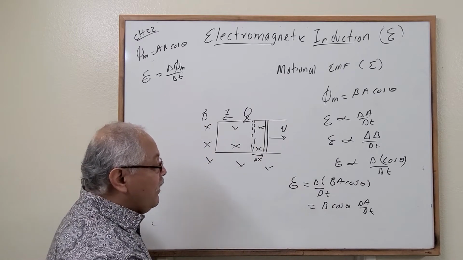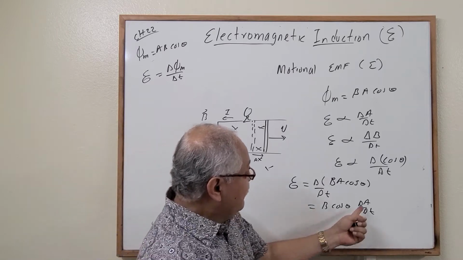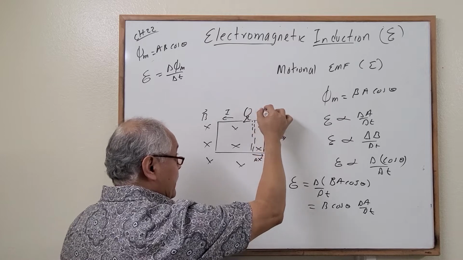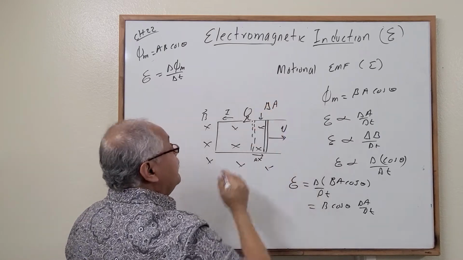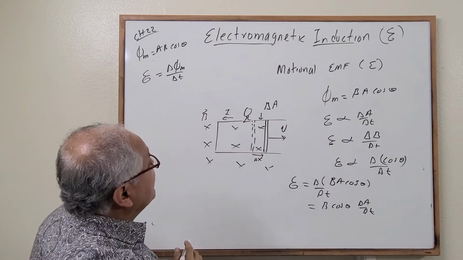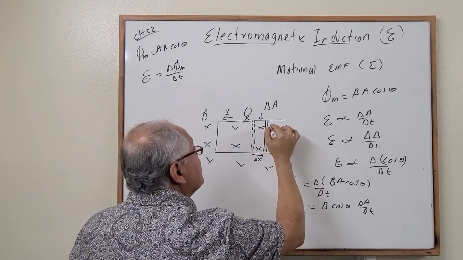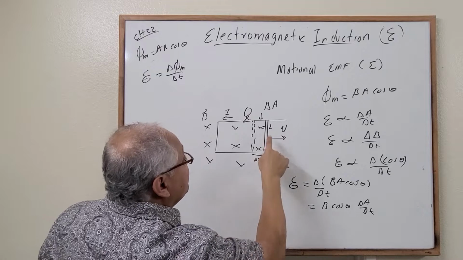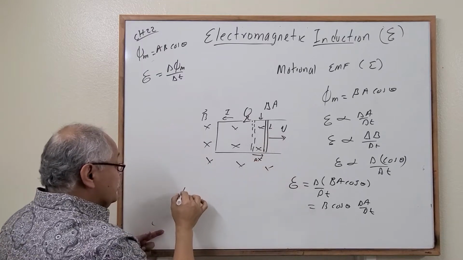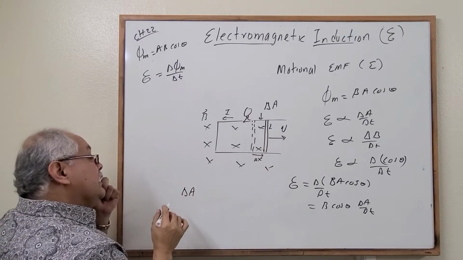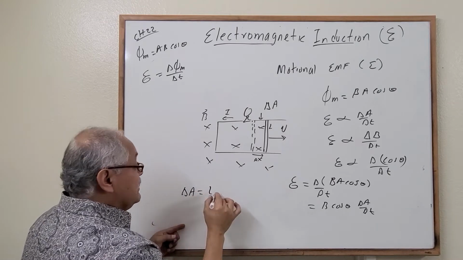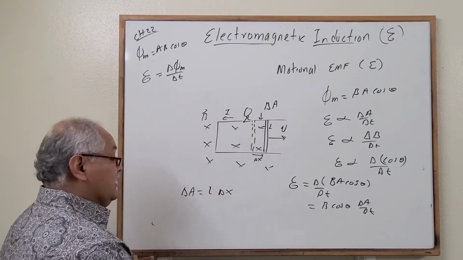Perfect. Now, let's try to find this change in area with respect to time. This is the change in area right here. We call this segment L, this distance L. The change in area is going to be L times delta x. So delta A is equal to L times change in x.